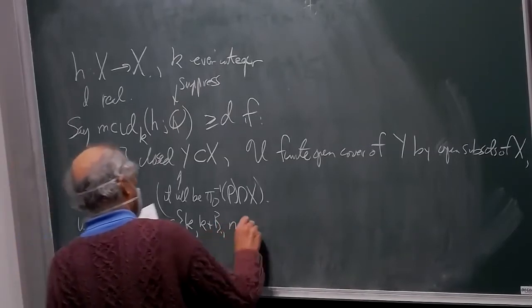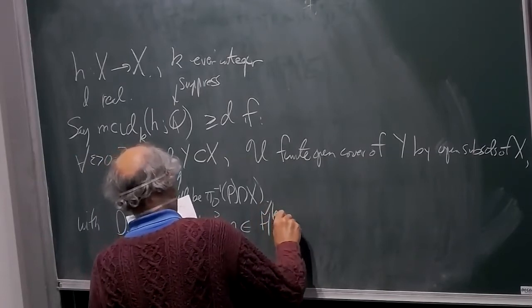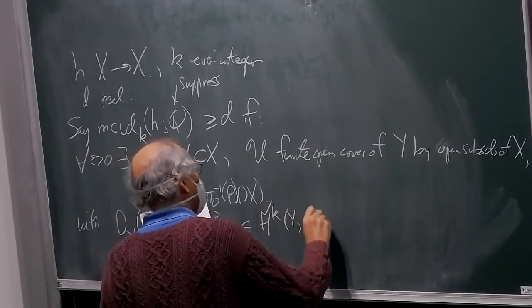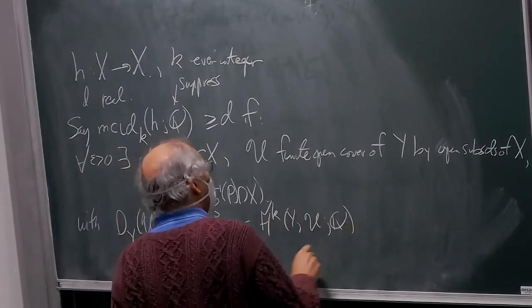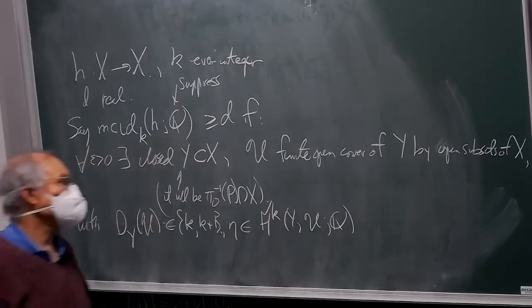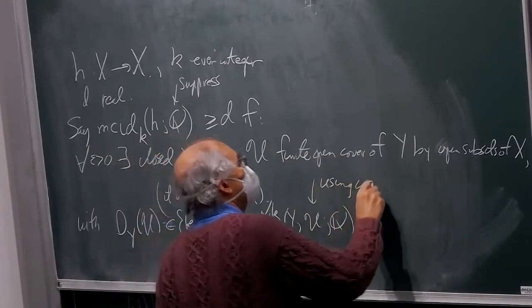And eta in cohomology of degree K of Y with coefficients in Q. So Čech cohomology is made out of open covers. And so this means we use the cover.